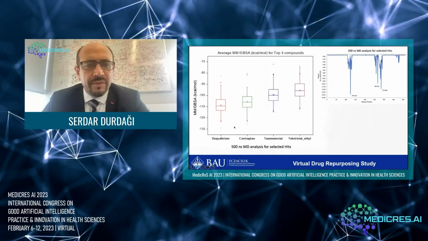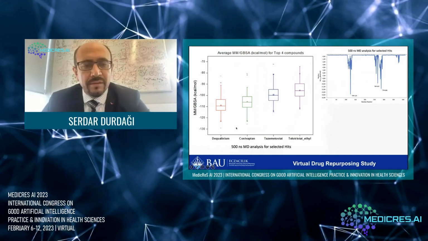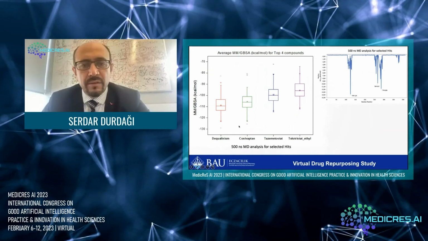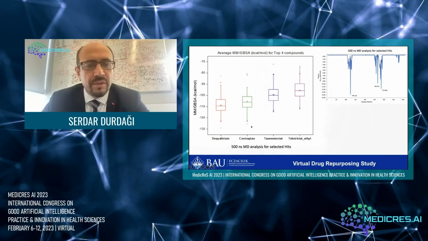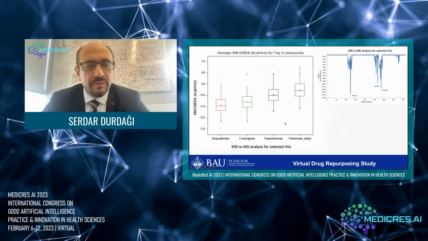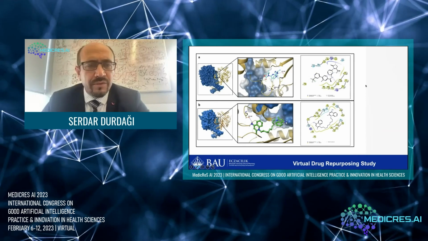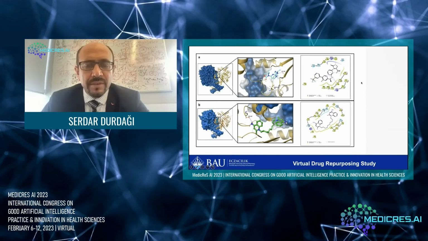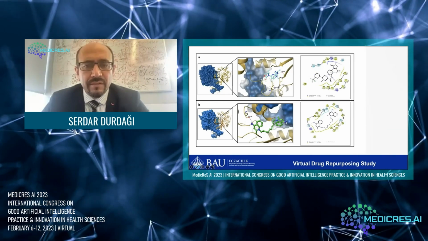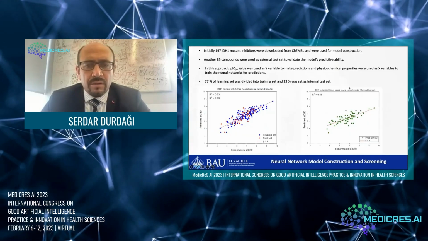Finally, we found that these 4 molecules, dequalinium, conivaptan, tazemetostat, and a terostat ethyl, show very promising results compared to the reference molecule. Here you can see 3D and 2D ligand interaction diagrams, and which amino acids contribute to the binding.